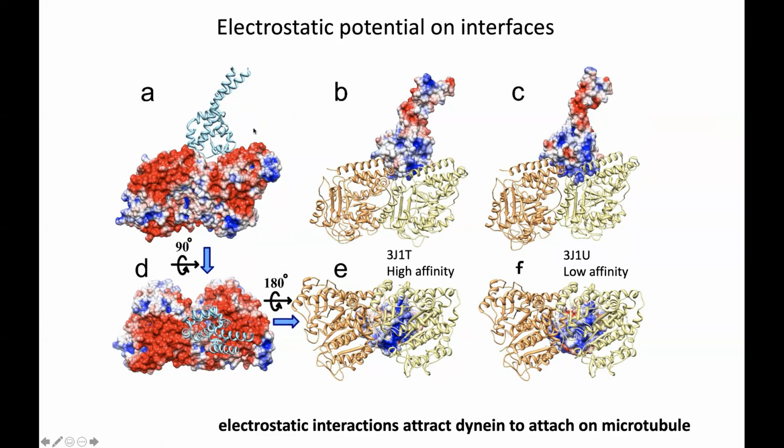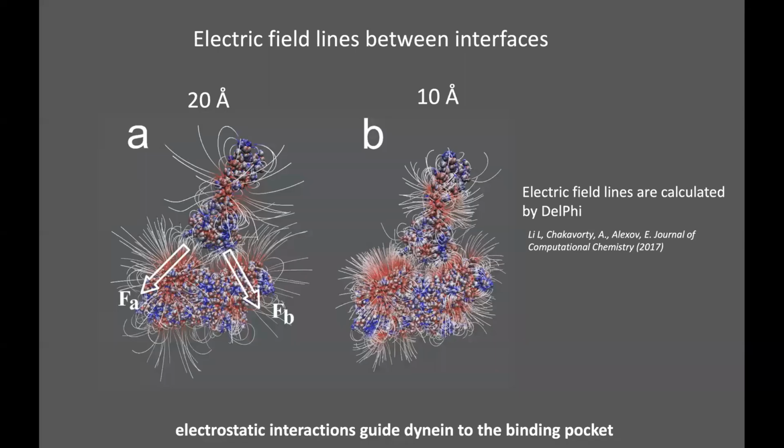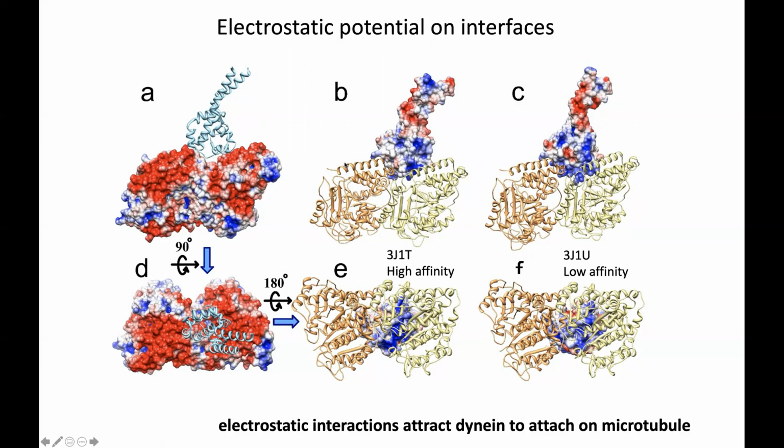If you do a DelPhi calculation, you will see for the microtubule at the binding interface, it's red, meaning negative. But for the dynein binding domain at the interface, it's positive. But on the other side, it's negative. That means the microtubule or the tubulin dimer may attract the binding domain of the dynein, and then they can bind in a proper way, like binding to the binding pocket. So this is the first finding.